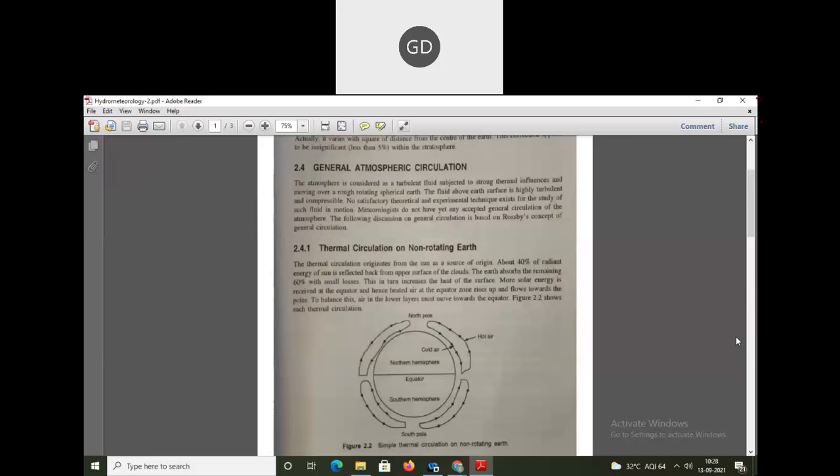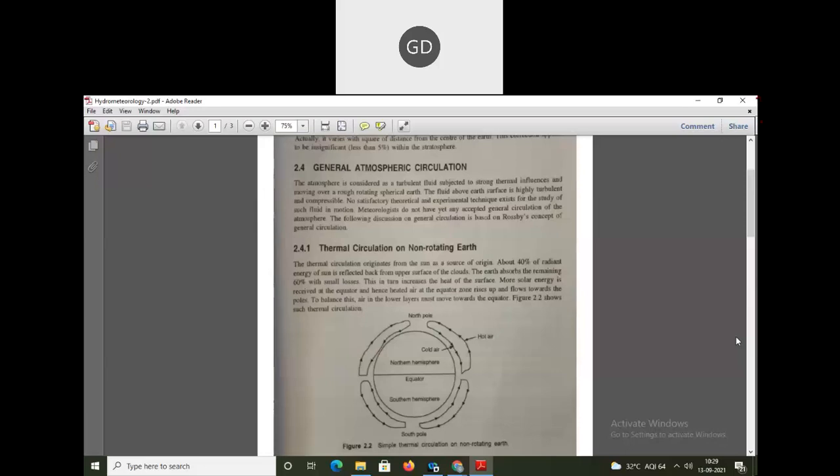So there are no specific techniques that exist to study this fluid in motion. Yet there are different discussions going on about how the atmospheric circulation is going on.